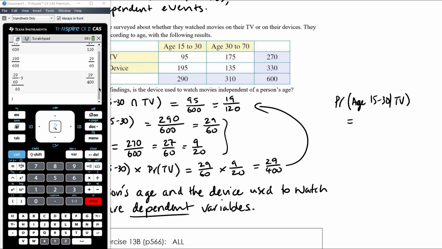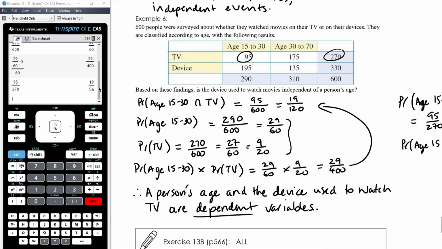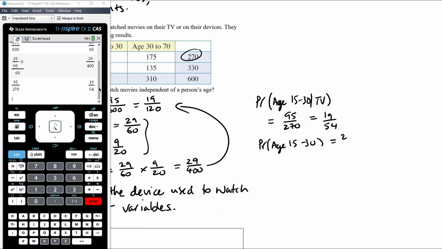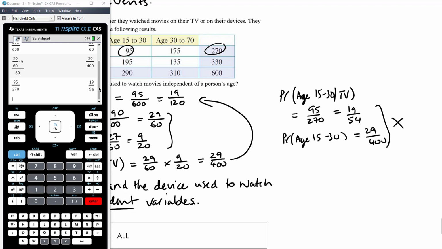So the conditional probability of being young given that they watch TV would be 95 on 270, which in its simplest form would be 19 on 54. And the probability of someone being aged 15 to 30, we already calculated, was 29 on 400. So the fact that those are not the same would be another justification for saying that they're not independent, so therefore they are dependent. Or, as I said, any other combination.